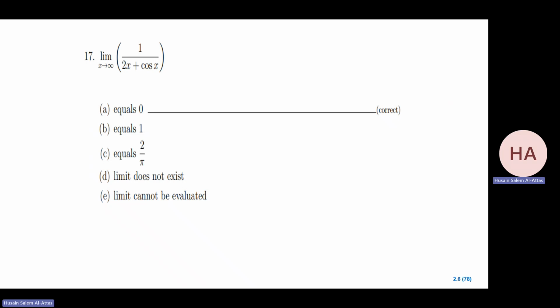Now this one, if you notice, it can be done using the squeeze theorem. I know cosine x is between -1 and 1. So 2x plus cosine x is between 2x minus 1 and 2x plus 1.